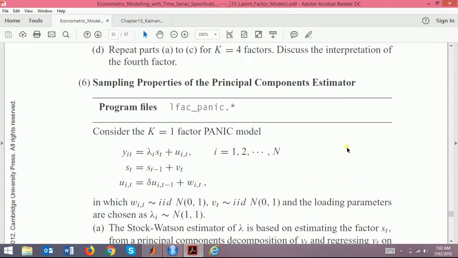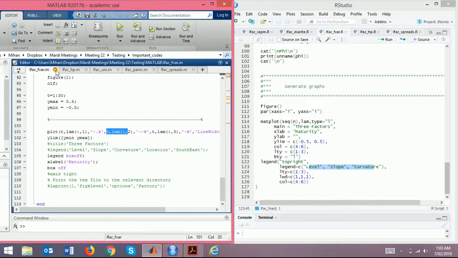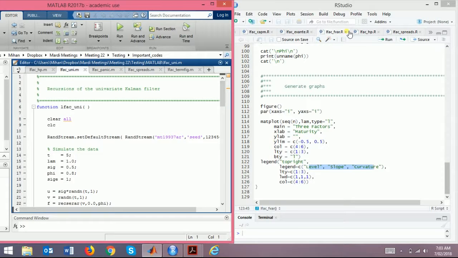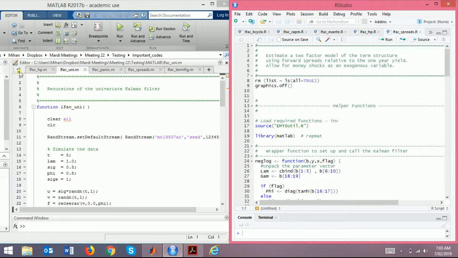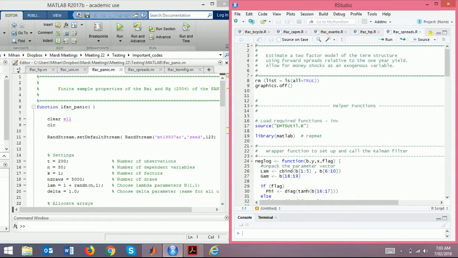Then comes sampling properties of the principal component estimator, or LFAC panic. Okay, panic model. So let's go into LFAC panic and let's see how that works out for us. We have here the panic model. We did not open the panic model.